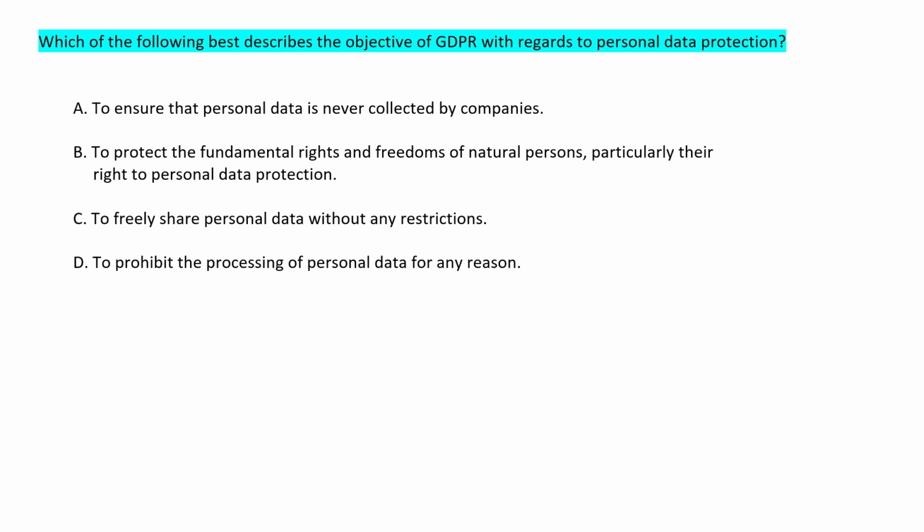Next question. Which of the following best describes the objective of GDPR with regard to personal data protection? Correct answer is option B. To protect the fundamental rights and freedoms of natural persons, particularly their right to personal data protection.